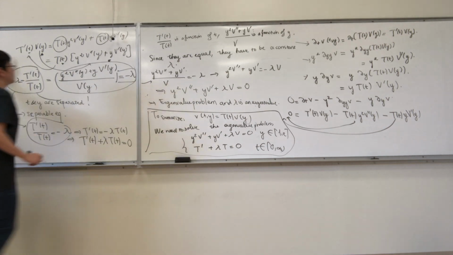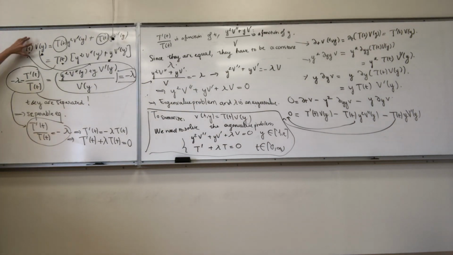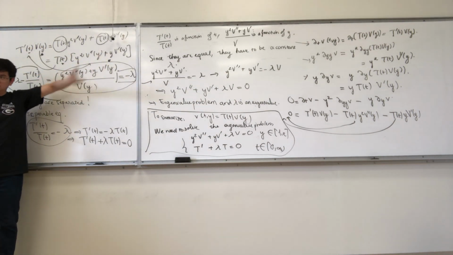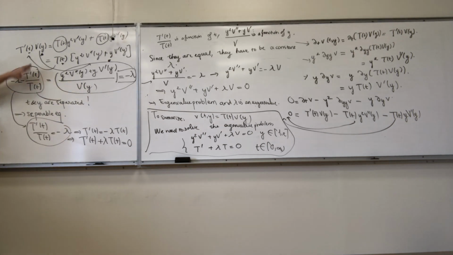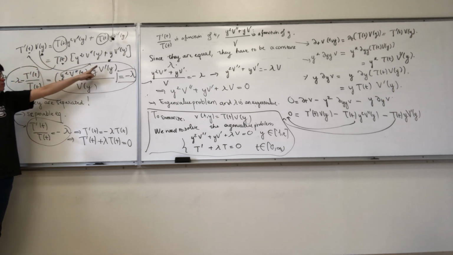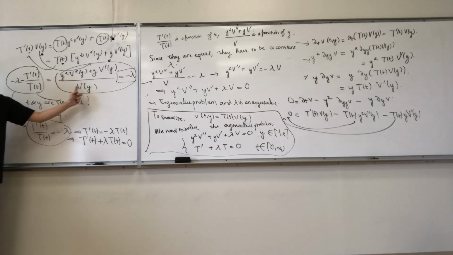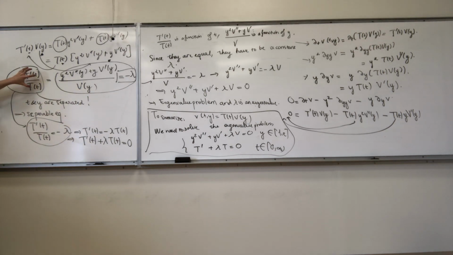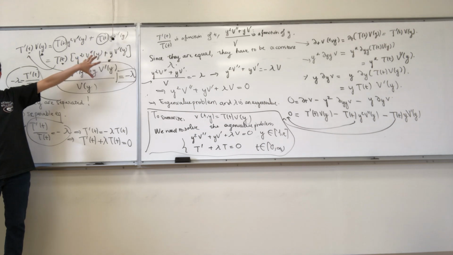After that, you group all of the t and all of the y separately, right? And then you divide both sides by T and V. You're going to have T prime over T is equal to y squared V second plus y V prime divided by V. All right? So this is a function of t, and this is a function of y.